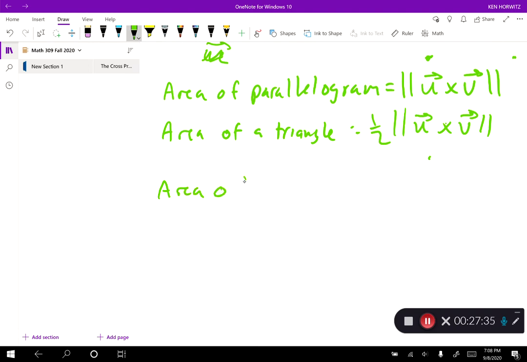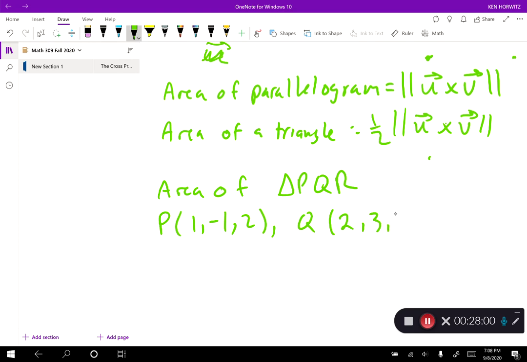Area of triangle PQR. P is 1, -1, 2. Q is 2, 3, 1.